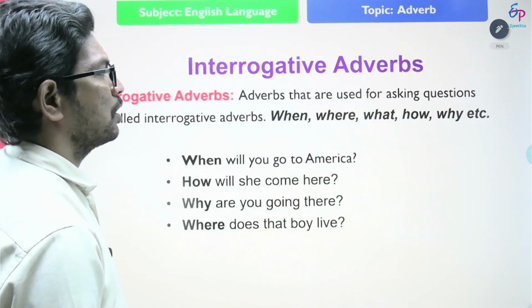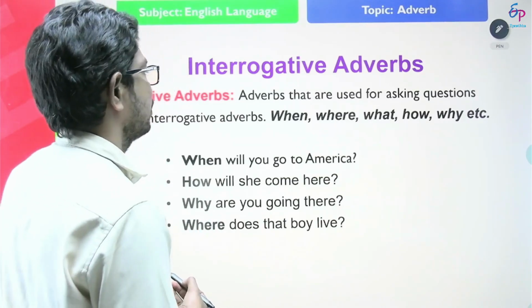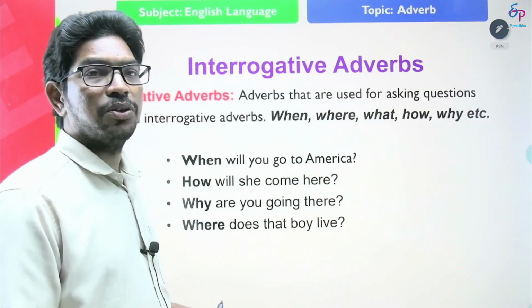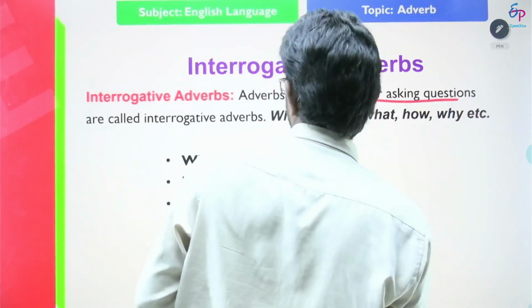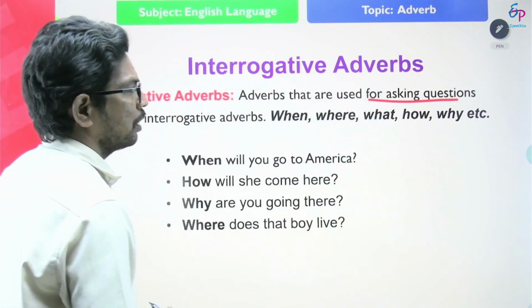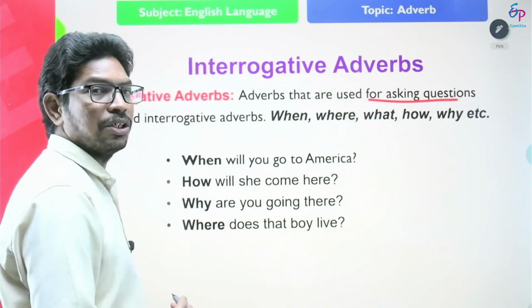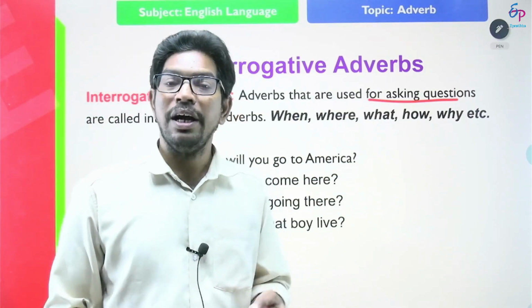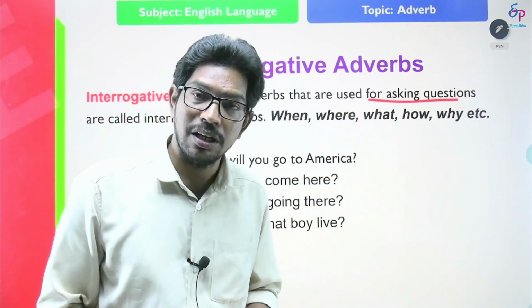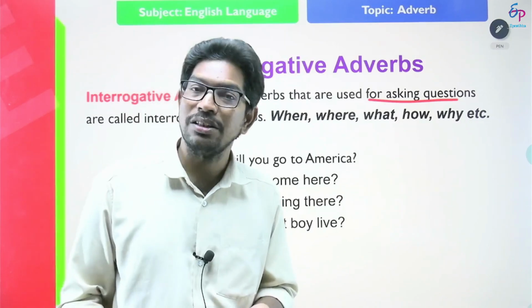Let us discuss interrogative adverbs. What are interrogative adverbs? Interrogative adverbs are used for asking questions. They ask when the action happens, where the action happens, how the action happens, and why the action happens.